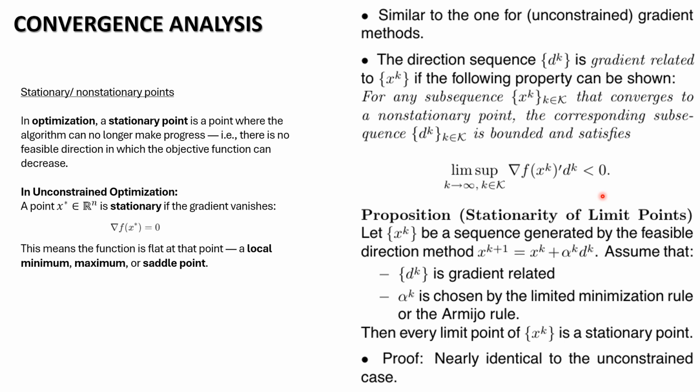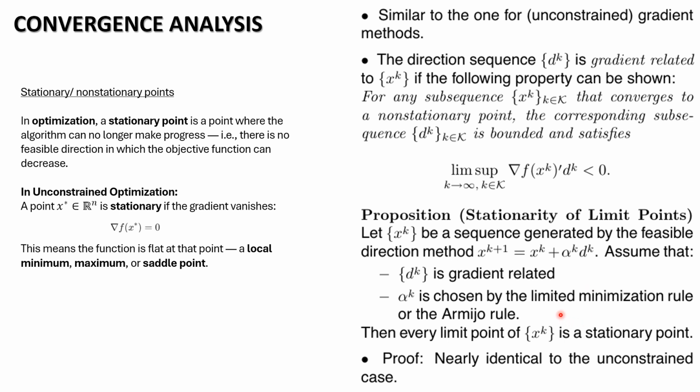Let's consider the proposition about stationarity of limit points. This is the main convergence result. Let the sequence xk be generated by a feasible direction method, where xk plus 1 is equal to xk plus alpha k dk, and dk is gradient related, as explained before.